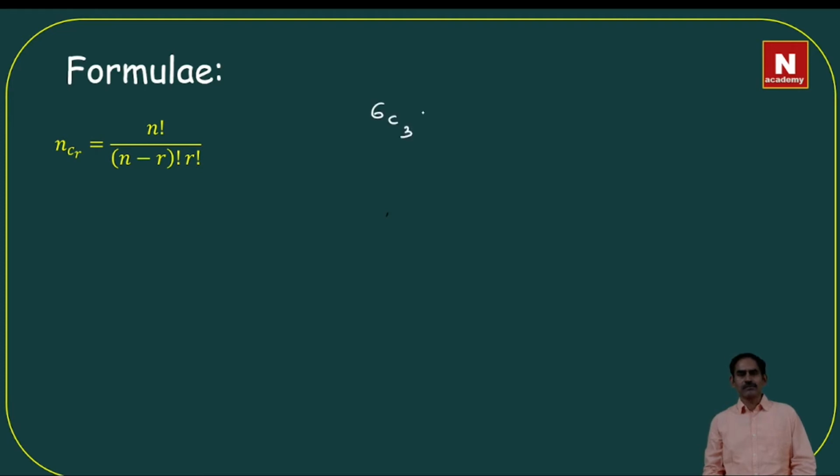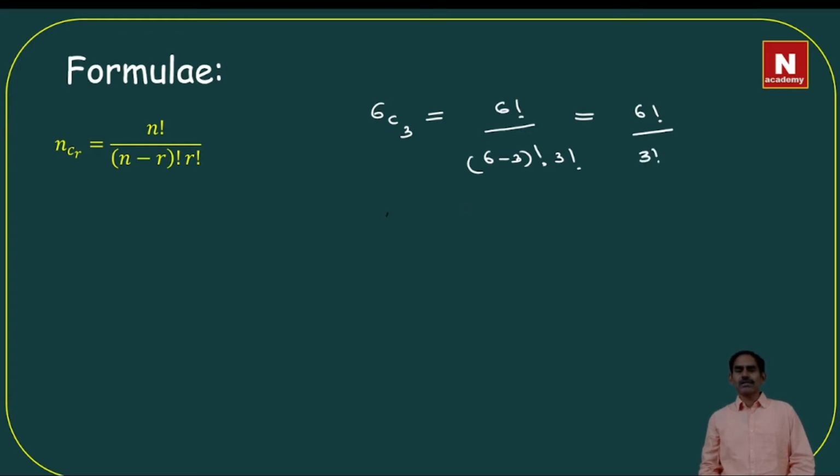I'm taking another example, 6C3. How to find 6C3 using the formula nCr? 6C3 equals 6 factorial by 6 minus 3 factorial into 3 factorial, that is 6 factorial by 3 factorial into 3 factorial. Numerator 6 factorial can be written as 6 into 5 into 4 into the remaining 3 factorial.